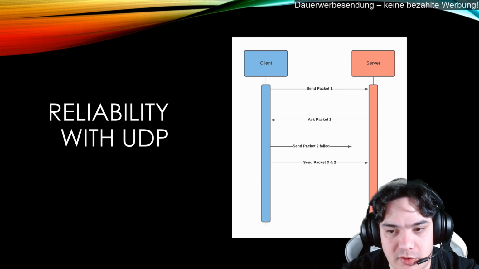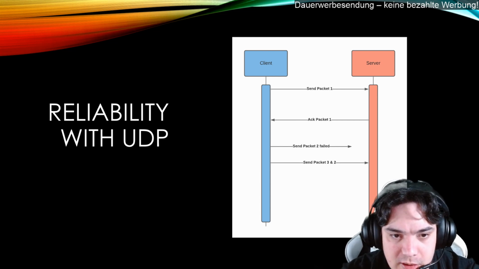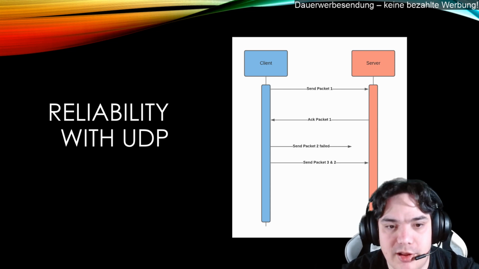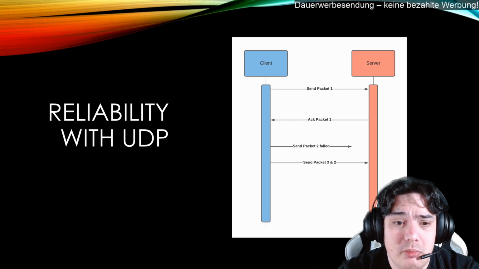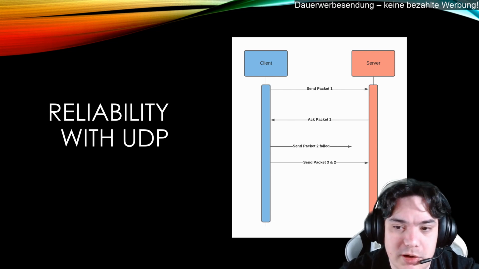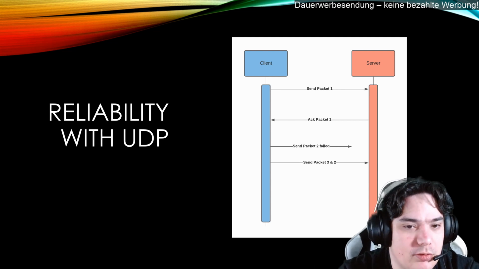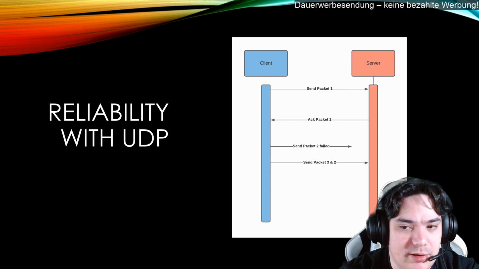We have to build it and send it ourselves because UDP itself doesn't do that. TCP does that really fine, but in UDP we can build our own acknowledgement system, and the server sends an acknowledgement and we know that the package was successfully sent.